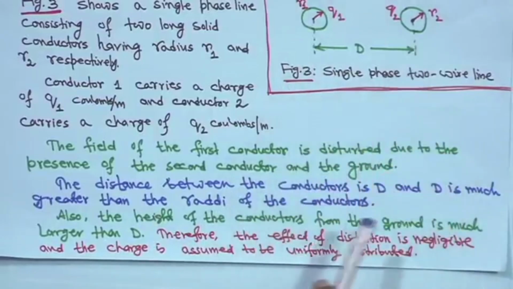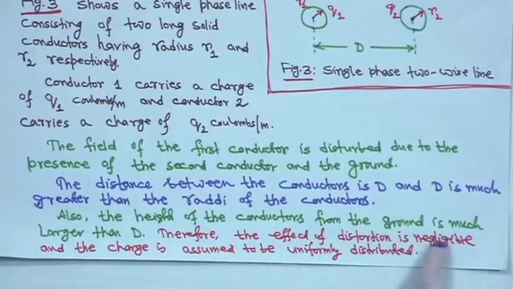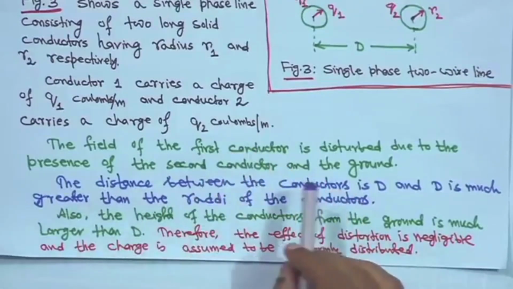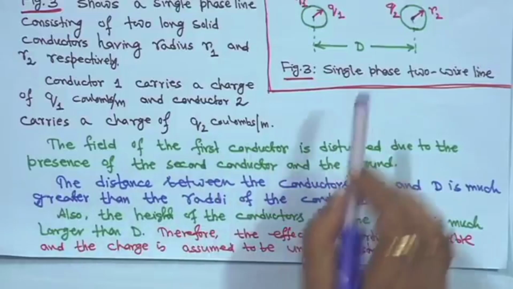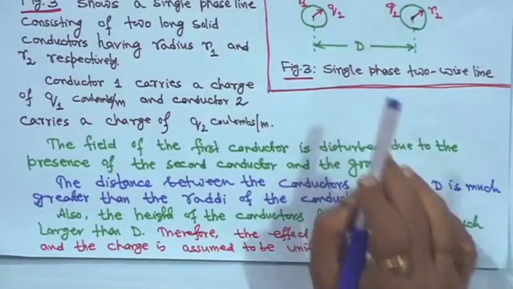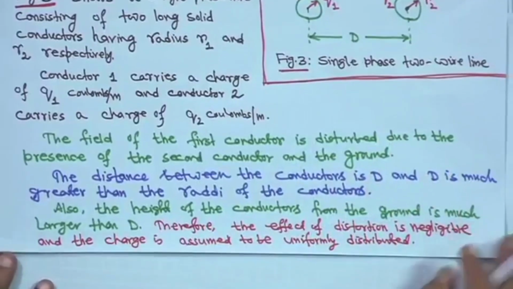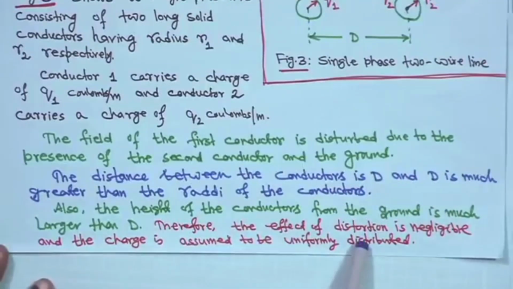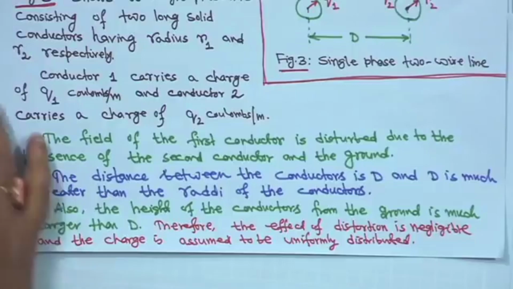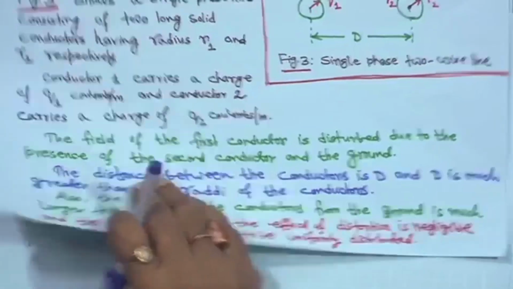Also, the height of the conductor from the ground is much larger than d, because conductors are always above the ground. That height h is much greater than d, but when we consider h, we will see later. Therefore, the effect of distortion is negligible and the charge is assumed to be uniformly distributed.